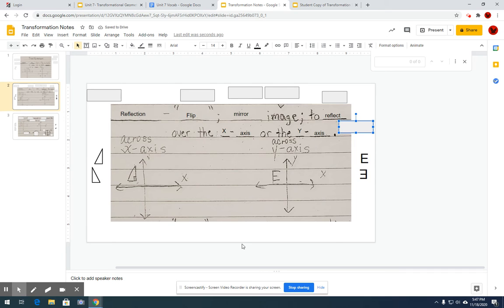So a reflection right here, if we reflect it over the, or this one asks for a reflection across the x-axis. Okay, so if it reflects across the x-axis, this is our x-axis.